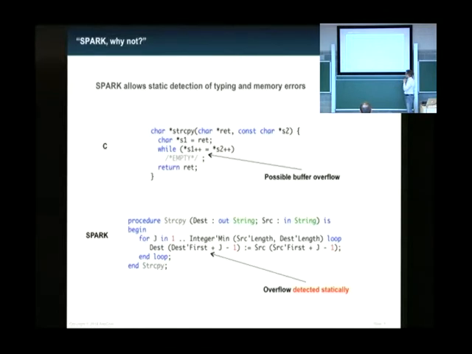With Spark, you run the tool, and it will tell you either no, you will never have any buffer overrun here, or it can tell you, okay, you may have a buffer overrun here if this condition is true and this condition is true. And that's what we want with these, let's say, new kinds of tools: to be able to know in advance, statically, before executing things, how your program will behave.